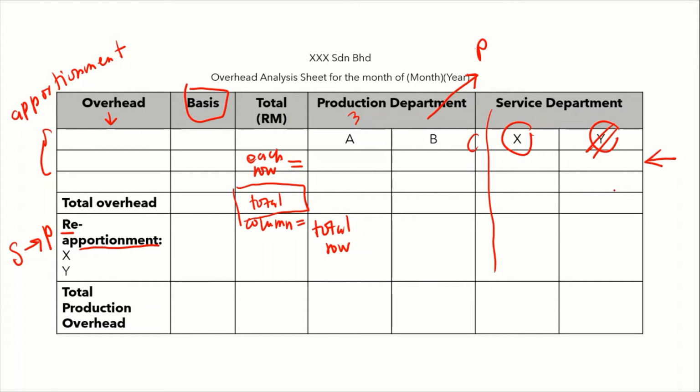Any amount on this side will be transferred to this side. At the end, you will have a total production overhead, and for the service, you will have a 0 amount or less than 1. The process is to transfer all the overhead costs to the production departments. So let's begin.